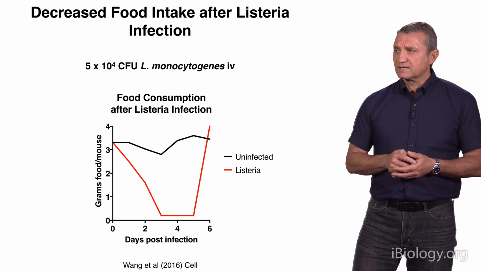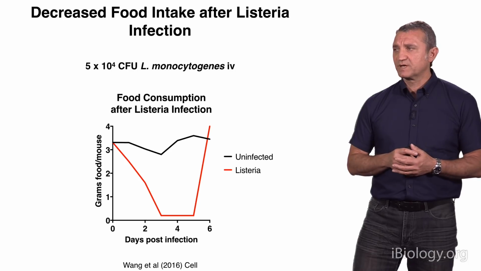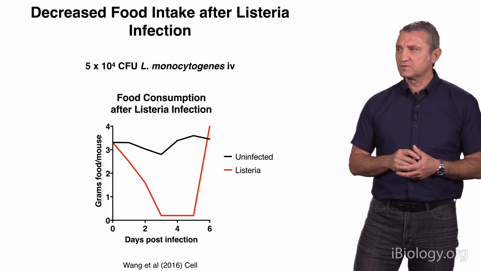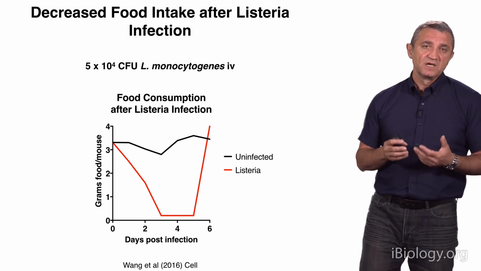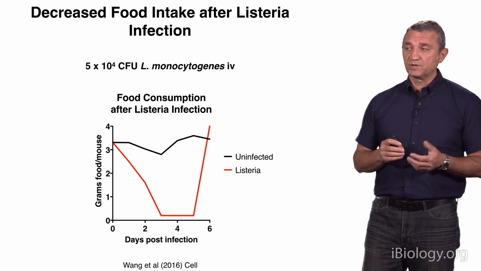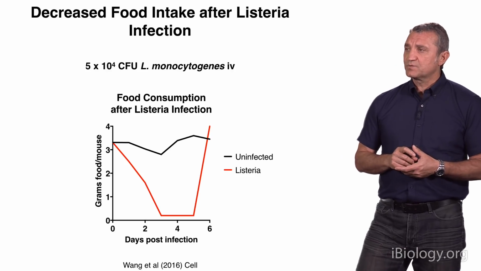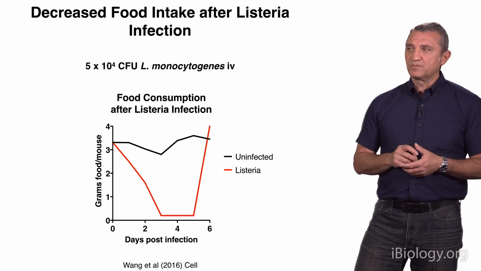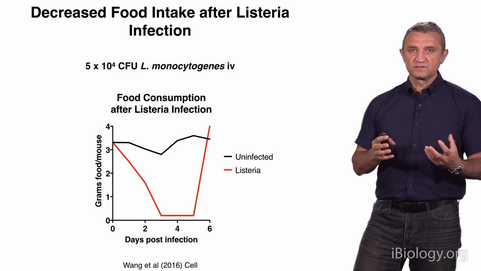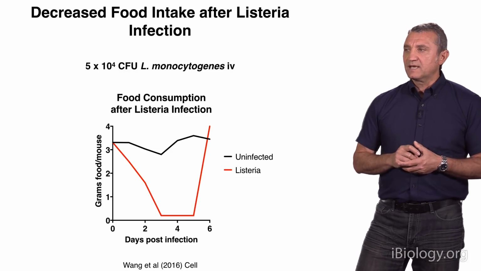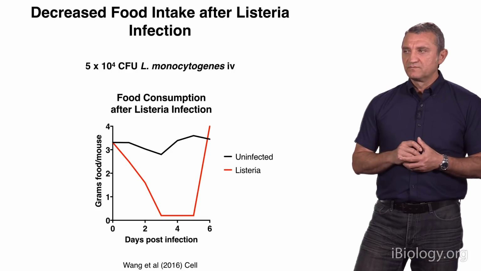To model that, we studied an infection with a bacterial pathogen called Listeria monocytogenes, a very common bacterium that causes food poisoning. We infected mice with a sublethal dose of Listeria and monitored their food consumption.